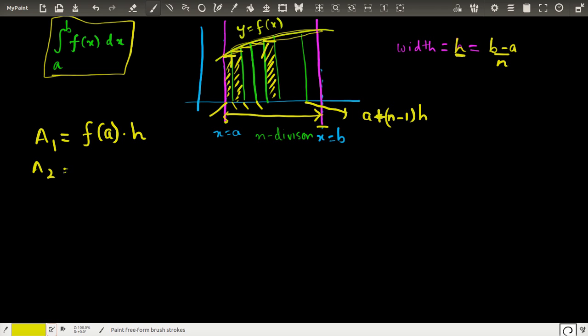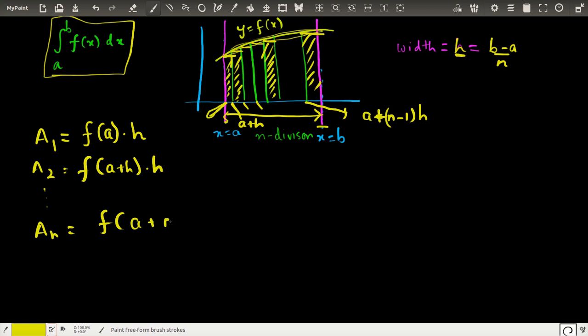For a2, this would be the functional value at the next point, x equals a plus h. So the height would be the functional value at a plus h, times h, which is the width. Clearly we can do this up to n, and the last rectangle would have the area an, which is f of (a plus (n minus 1) h), the functional value, into h.